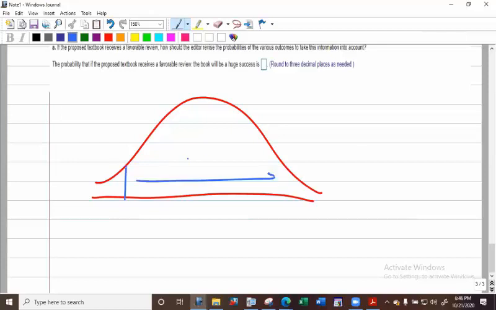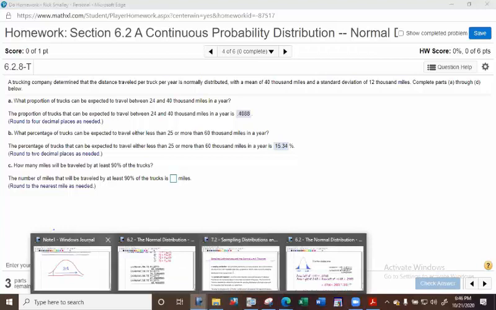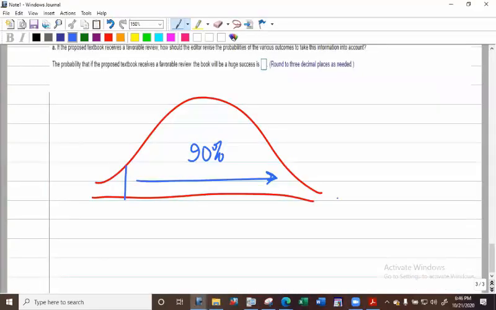It's 90% this way. In other words, at least 90% fall. Let me check the wording again. In other words, the number of miles by at least 90% of them, meaning that 90% of them will travel that many miles or more, at least that much.